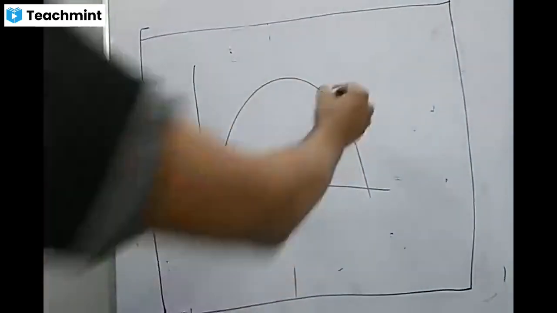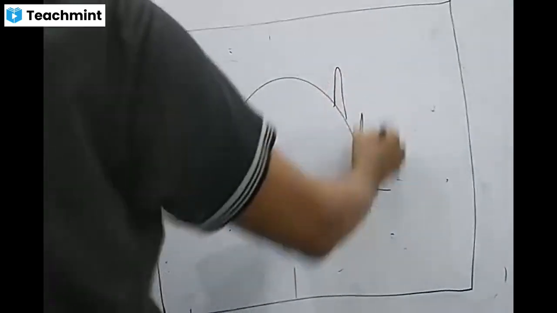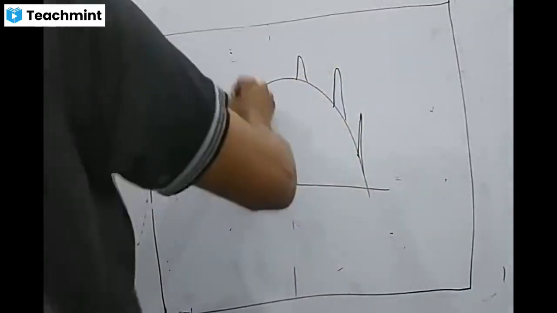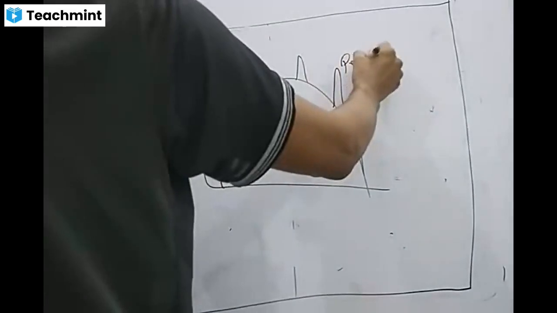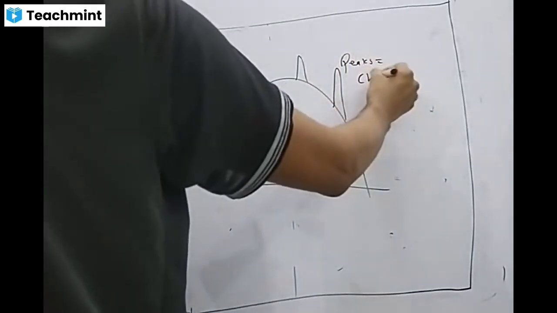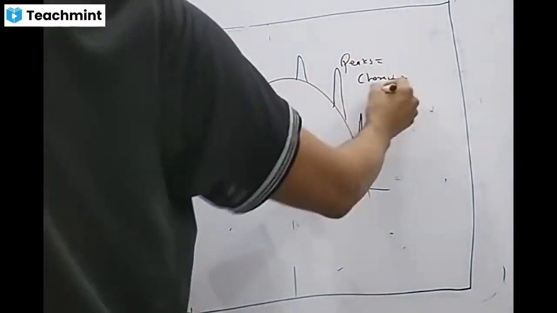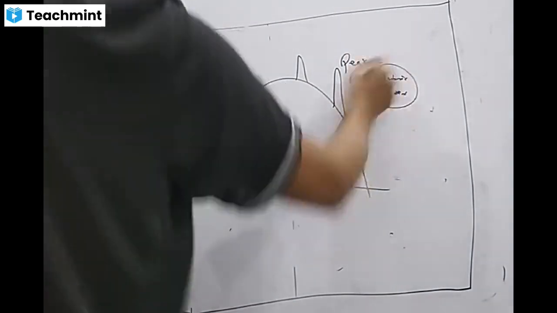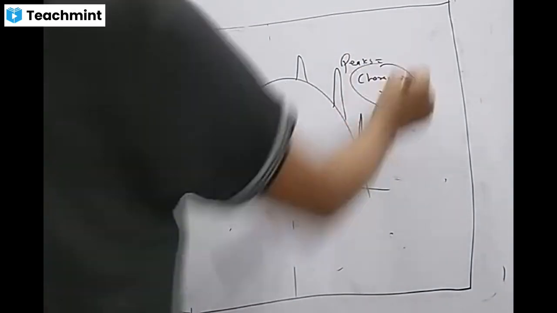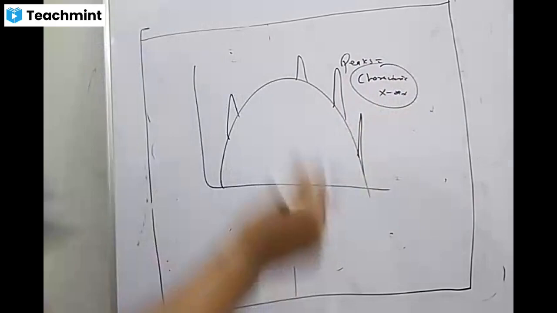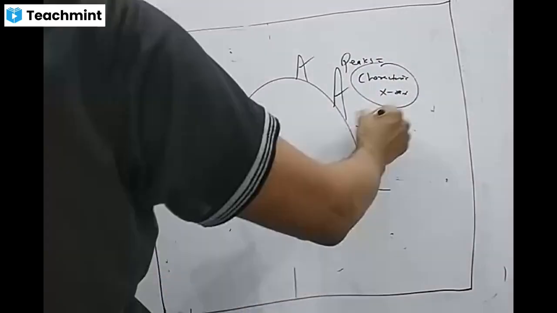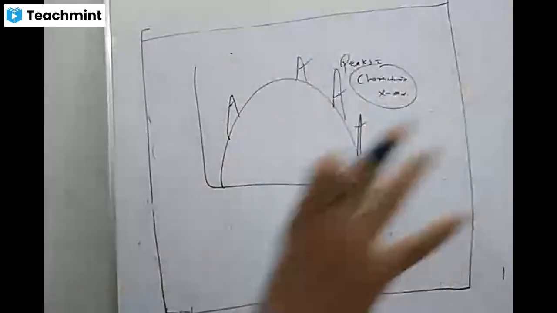But in case of collisional, there are some peaks. These are some of the peaks. So we call them characteristic X-rays. Why characteristic? Because they are specific to that particular orbital. So these were peak X-rays, and this continuous part was Bremsstrahlung X-rays.